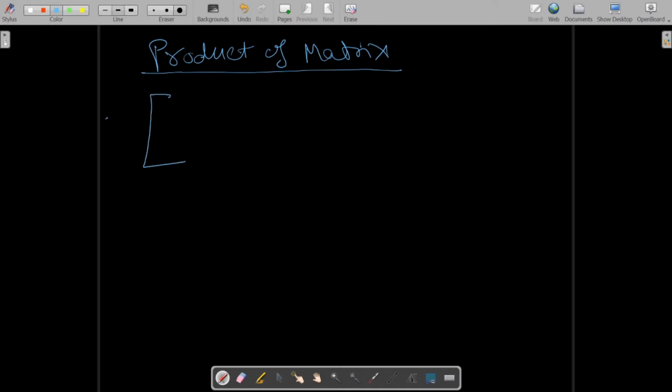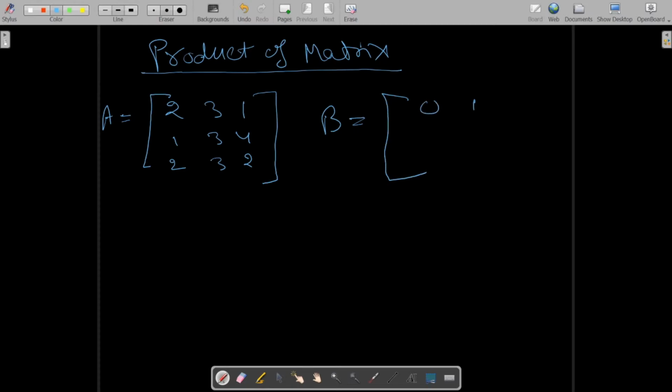If we have a matrix A which is 2 3 1, 1 3 4, 2 3 2, and another matrix B here, 0 1 2, 4 5 1, 6 2 1.